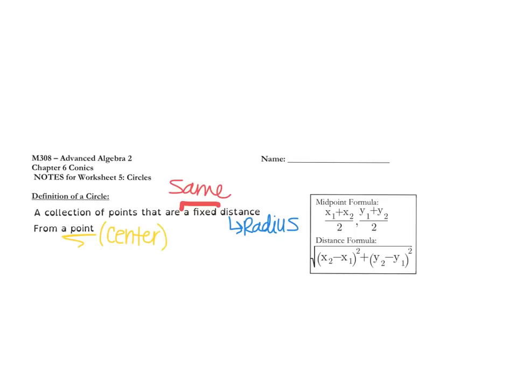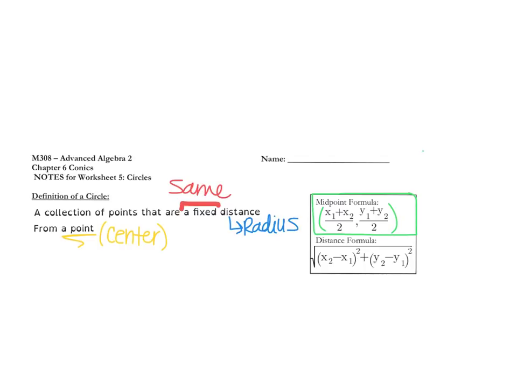Now there are two important formulas that you're really going to need to know for this section. You've learned them before, guys. Midpoint formula. It's really just the average of the points. So you do x plus x divided by 2, y plus y divided by 2.